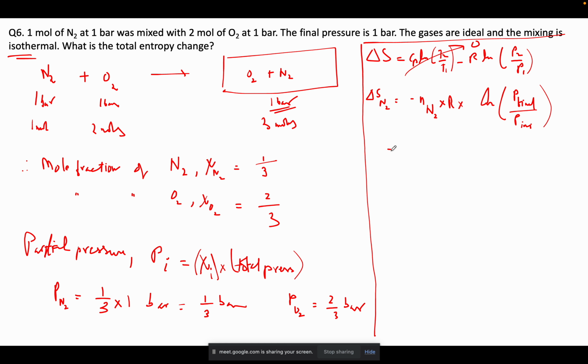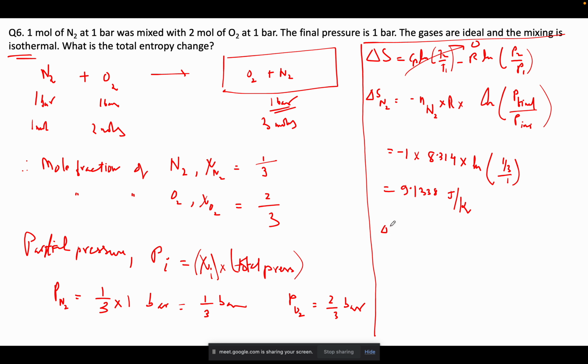The number of moles was 1, R is the universal gas constant, which is 8.314, times ln of 1 by 3 by 1. So that is 9.1338 joule per Kelvin.